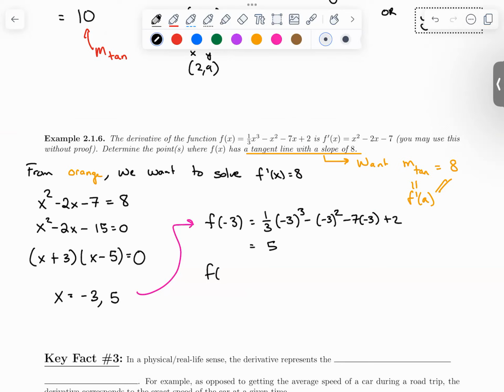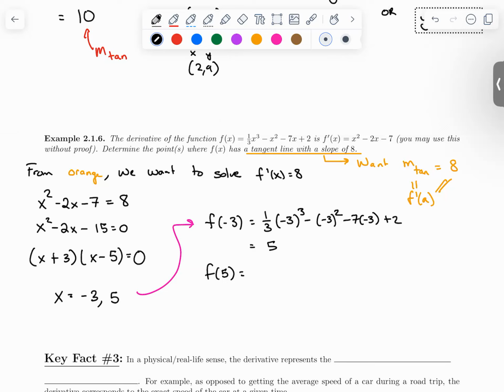And then from f of 5, in a similar fashion, you get -125 divided by 3 minus 25 minus 35 plus 2. Did I do that right? I think I did this wrong in my other class. I think I changed a minus sign. Oh well. Their loss.